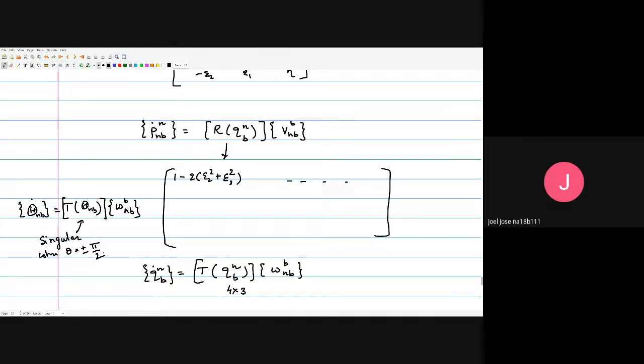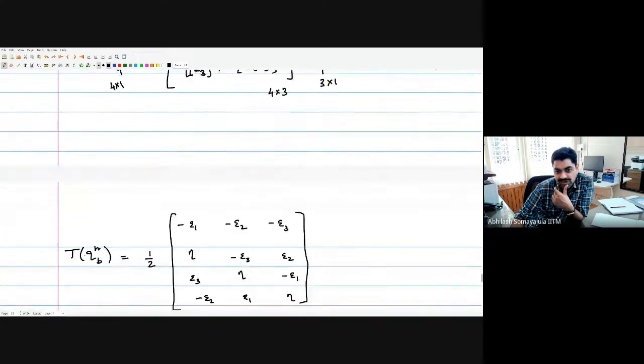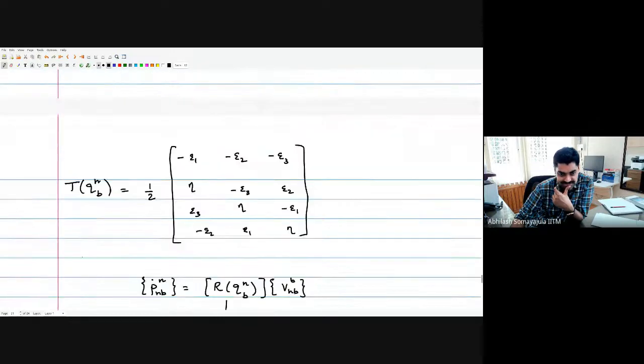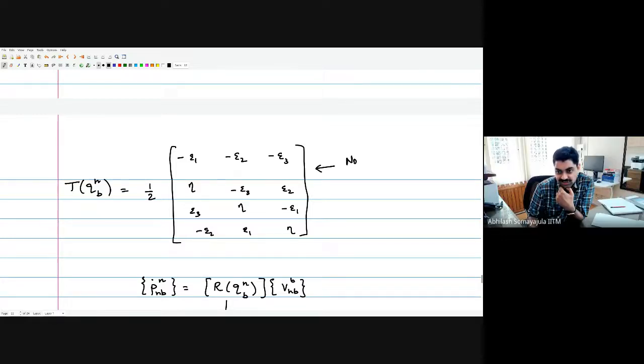Now, however, when we are looking at the quaternion representation, this is our T matrix, and you can see that there is no such singularity where this matrix rushes off to infinity. So this matrix is not singular, and we have now come up with a representation of the orientation in terms of quaternions which is non-singular.